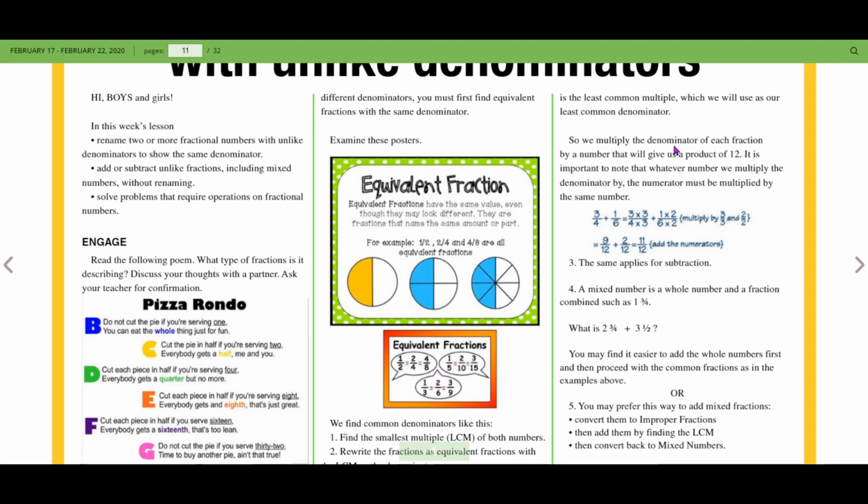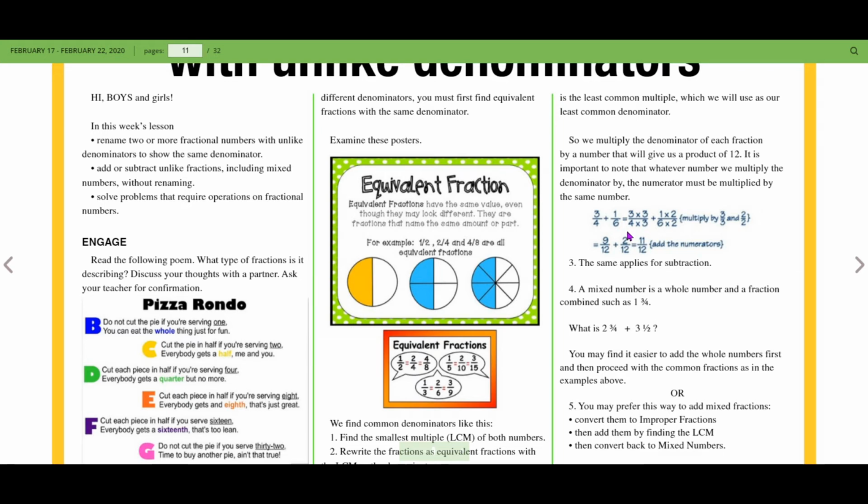So we multiply the denominators of each fraction by a number that will give us a product of 12. It is important to note that whatever number we multiply the denominator by, the numerator must be multiplied by the same number. So let's look at this. We have 3/4 plus 1/6.